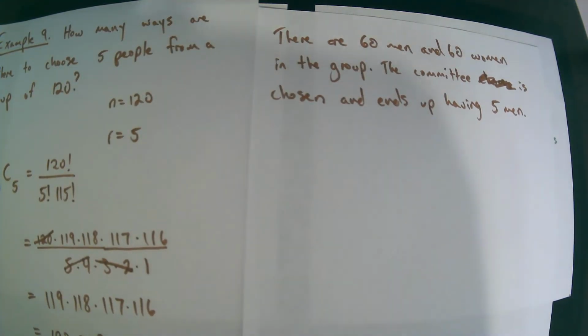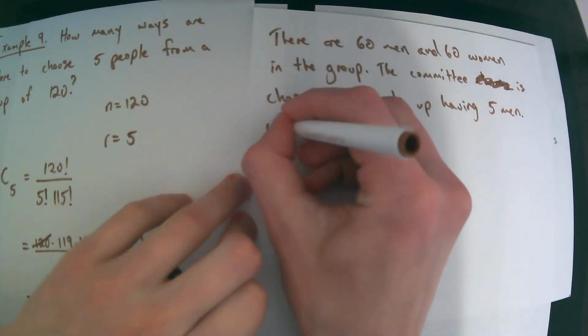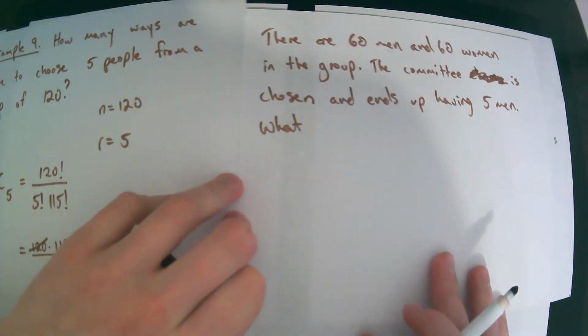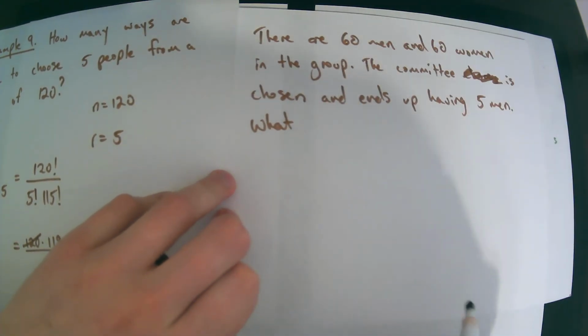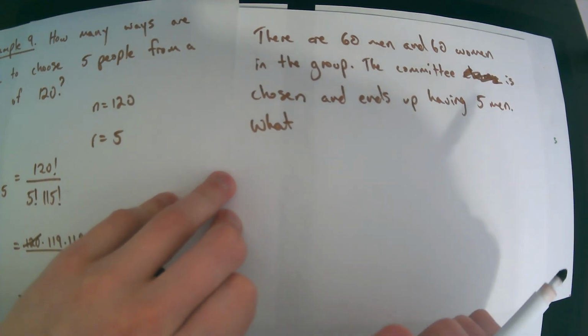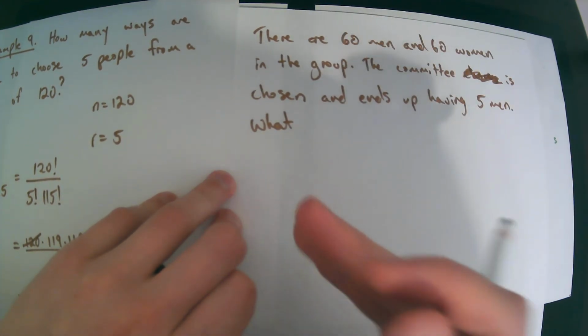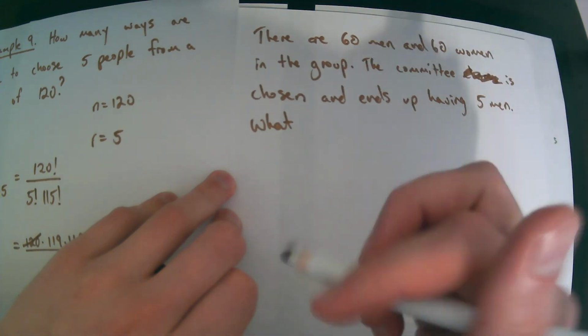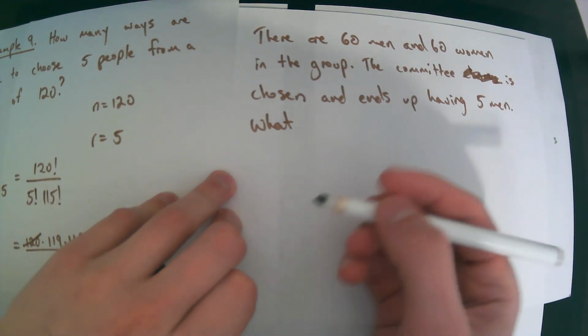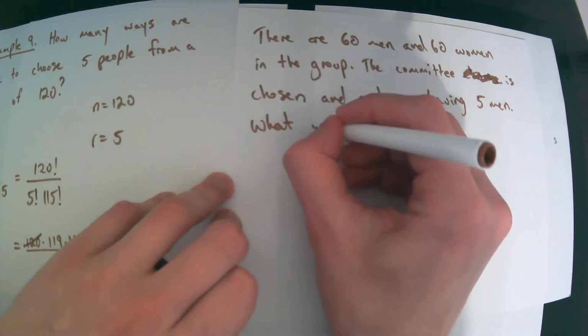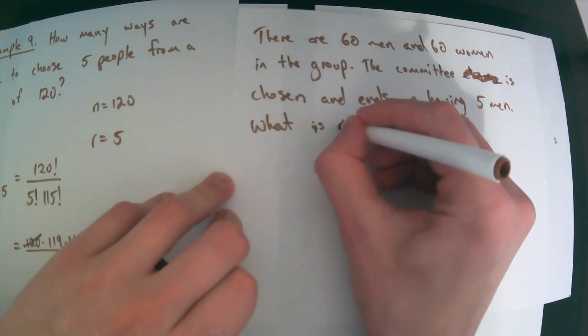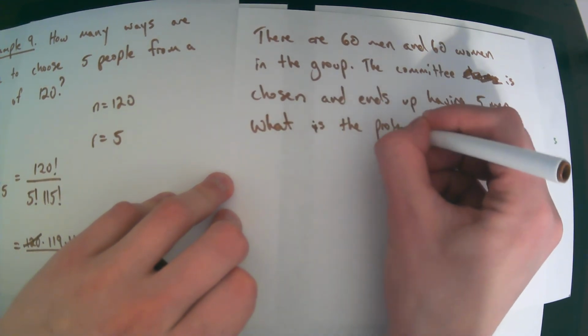What is the probability of this happening? Because if it's a very low probability, then what would that imply? That would imply that it was done on purpose, right? If it's very low probability that it would happen on its own randomly, then someone had to make that decision. Okay, what is the probability of this?